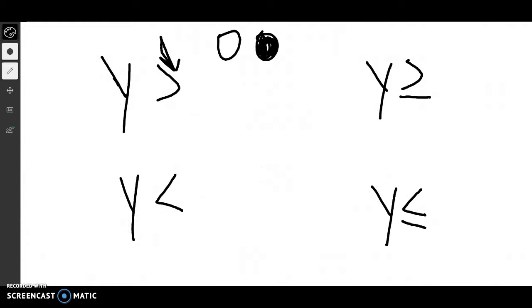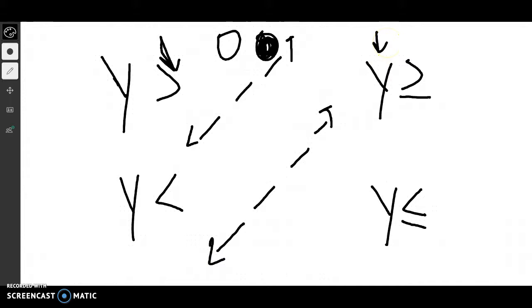So since you have open circles, that means that this line is going to be dotted because it's hard to really draw open circles. So this line would be dotted and this line would be dotted. These lines over here, because they're equal to, are solid circles, so you just get to draw a solid line.